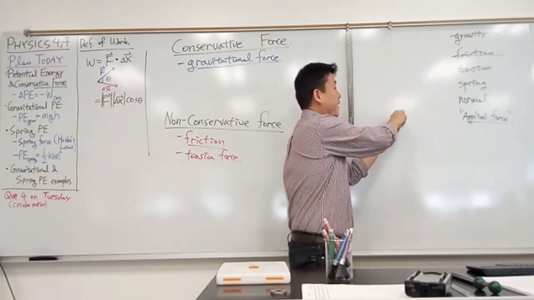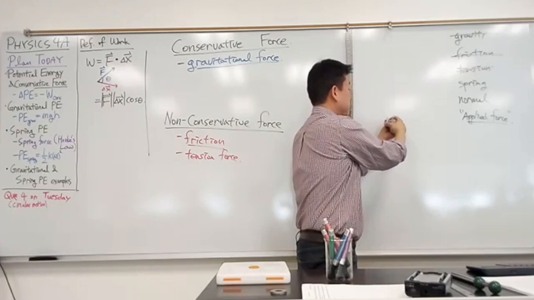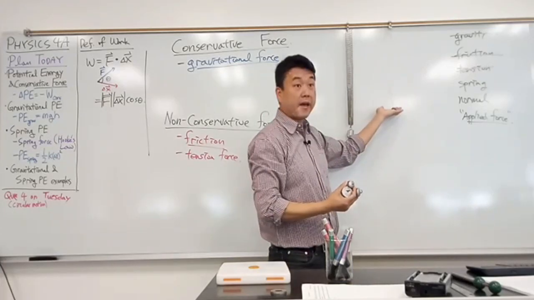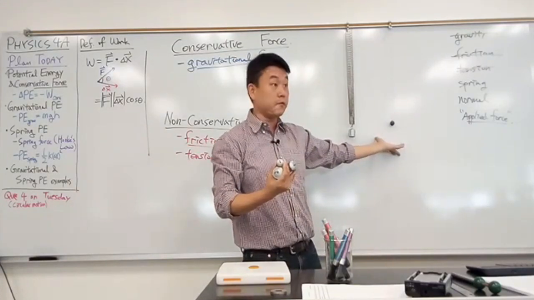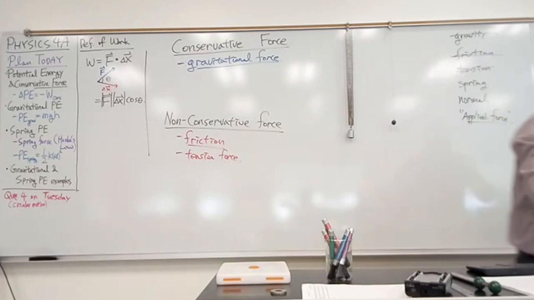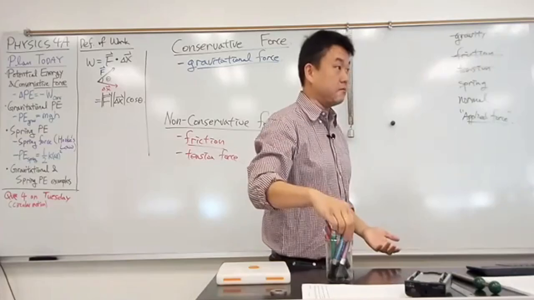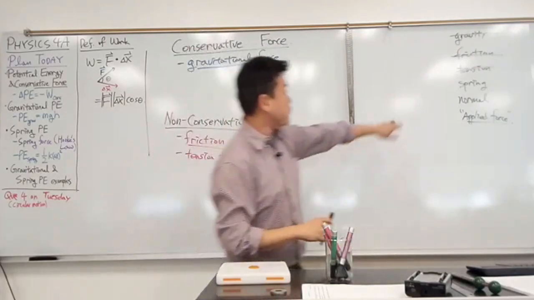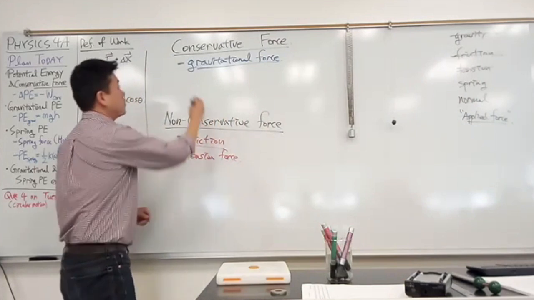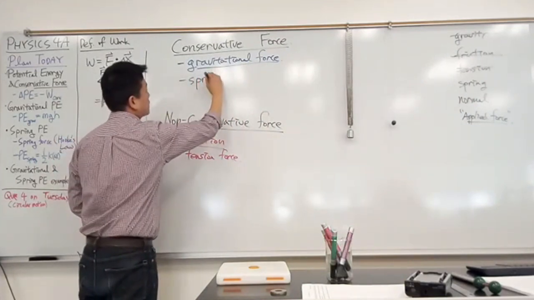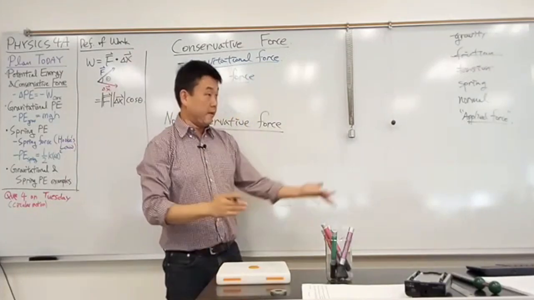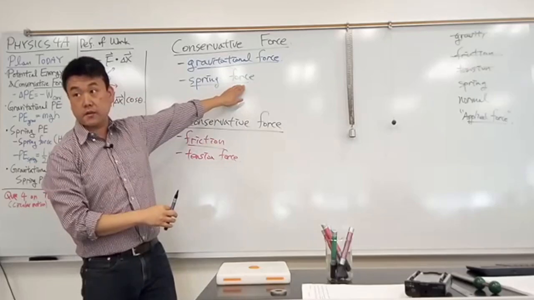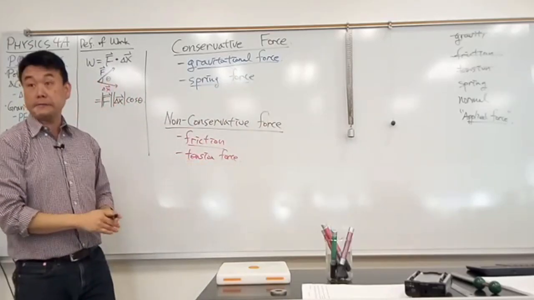I mean, the string might break at some point, but until that happens, or until it goes completely slack, you can't tell from this picture how much tension force there is. And that will be an important distinction when we go into what makes a force conservative and what makes it non-conservative. So with the spring force, let me put it in the category of conservative force. And we'll see that the property I was pointing out here will be important in determining why spring force is conservative, whereas the tension force is not.